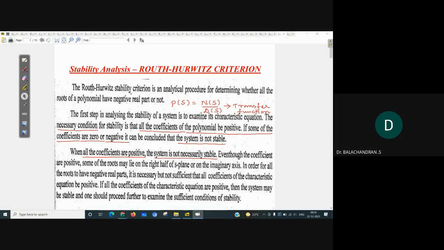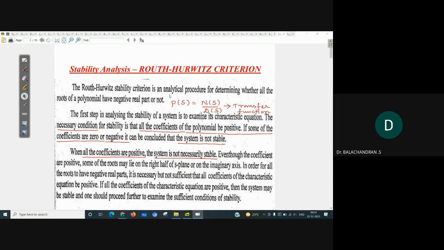The Routh-Hurwitz stability criterion is an analytical procedure for determining whether all the roots of a polynomial have negative real part or not. So this is the whole content of this analysis.